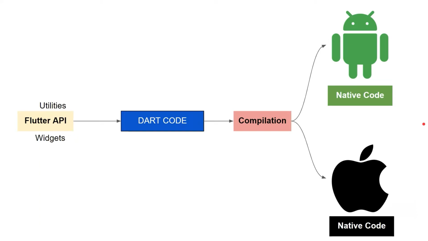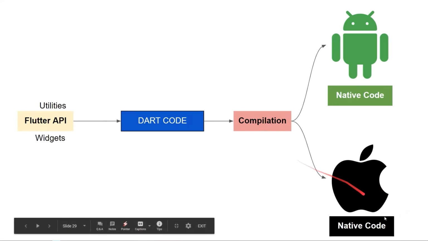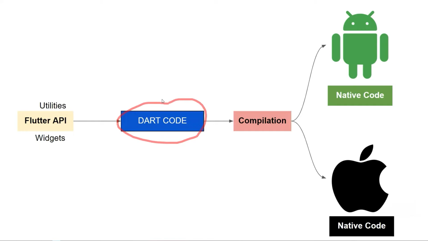Now coming to part 2 of this section: how our Dart code or Flutter code gets compiled into native machine code. Firstly, we have our Dart code, which uses the Flutter API or Flutter framework, like widgets, utilities, user interface building blocks, whatever it is. We use this Flutter API to build Dart code.